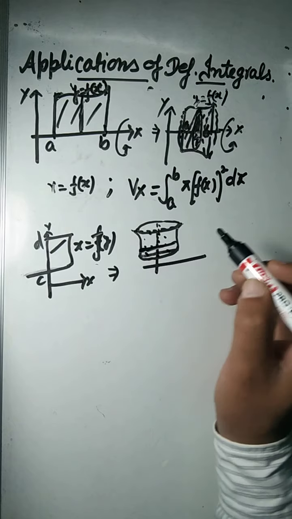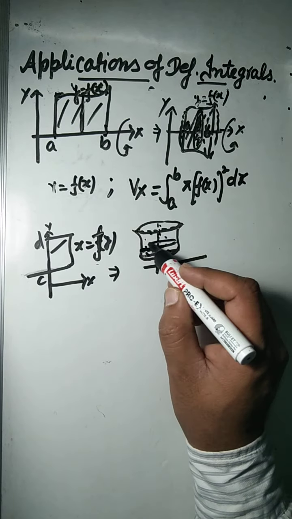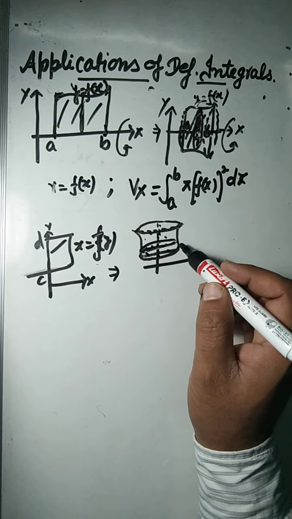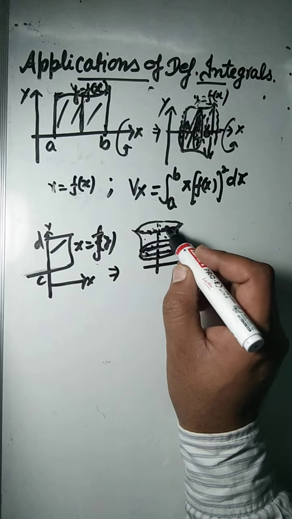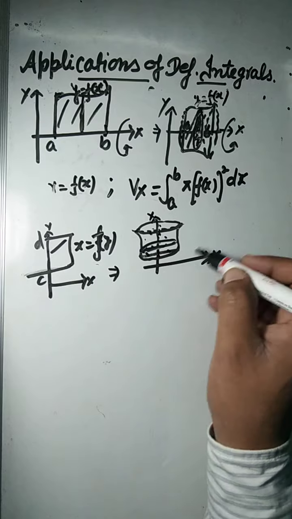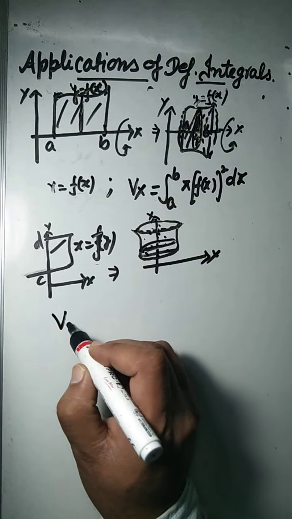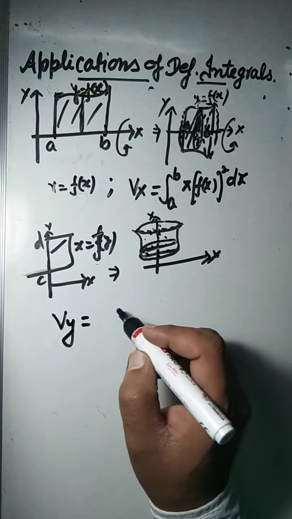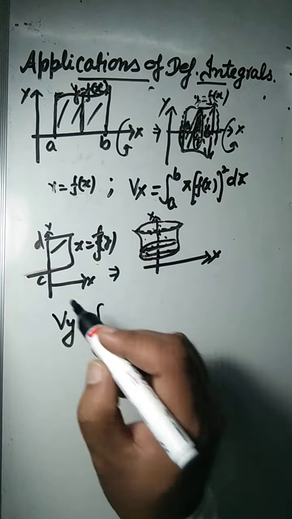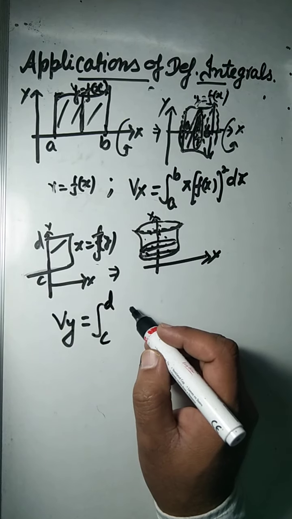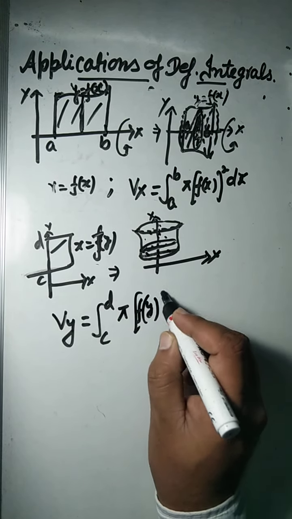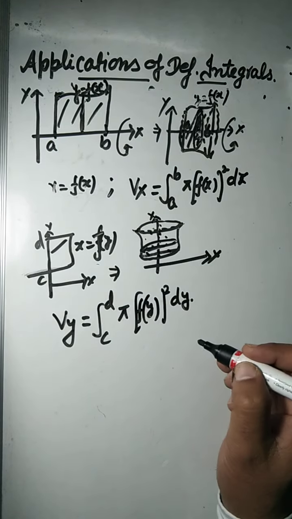Here we also have a circular cross section. So the volume of the solid formed will be V_y, the volume around the y-axis by revolving the curve x equals f(y), with lower limit c to d, pi f(y) whole squared dy.